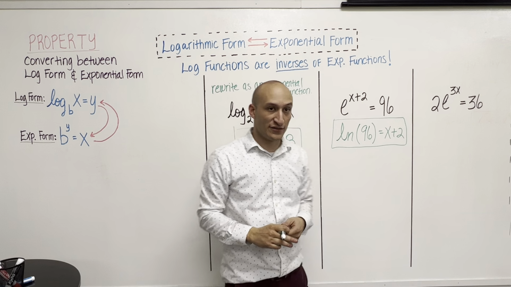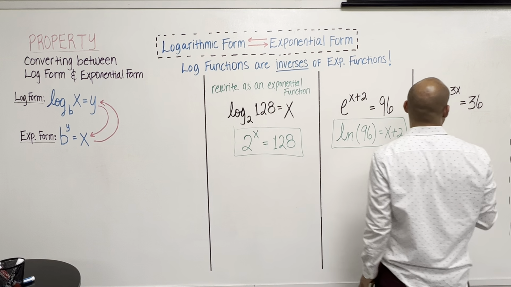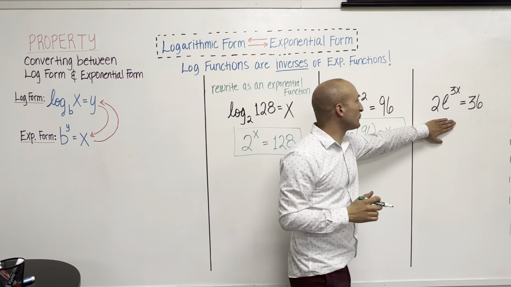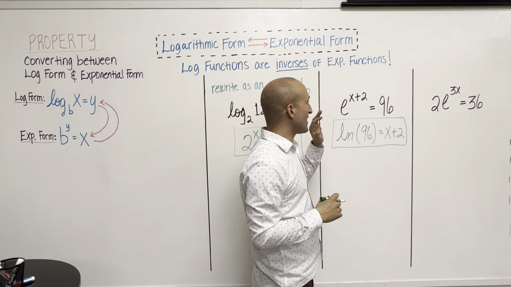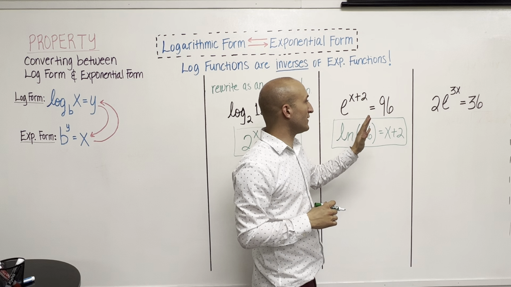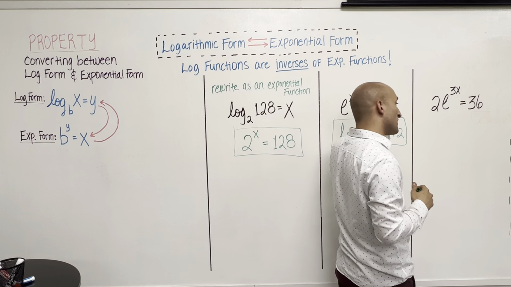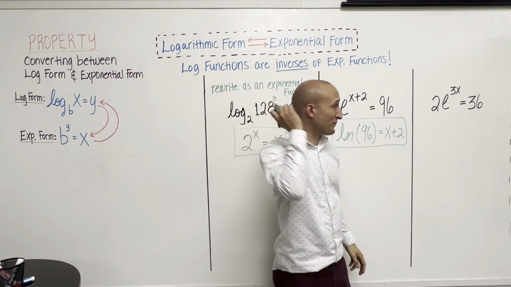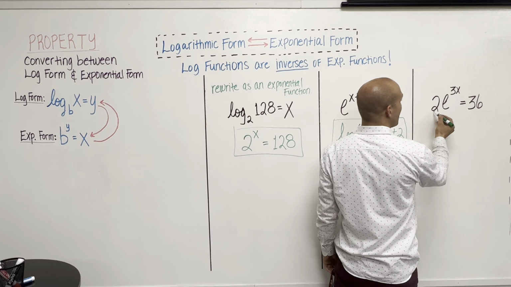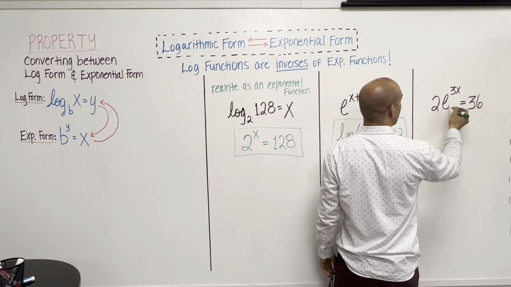But it requires us to know this conversion. Now, I wrote this one last minute because I wanted to stress this 2 here. It could be a 2, it could be any other number, but this 2 is being multiplied to this constant e.